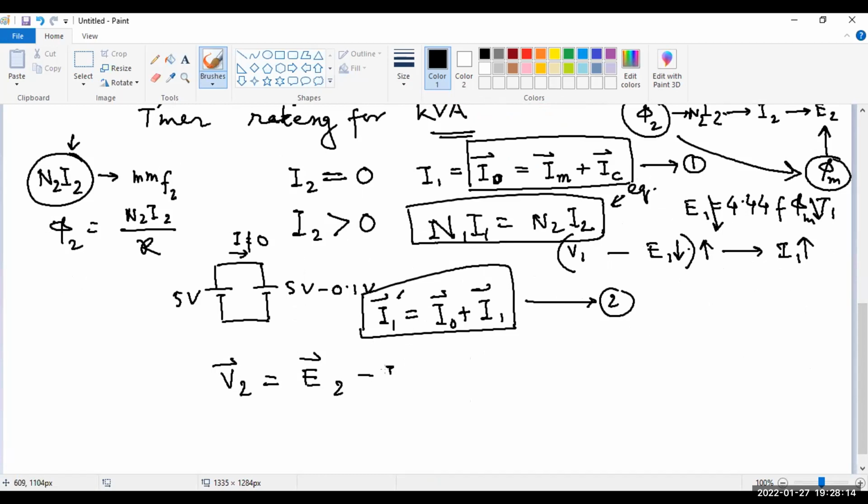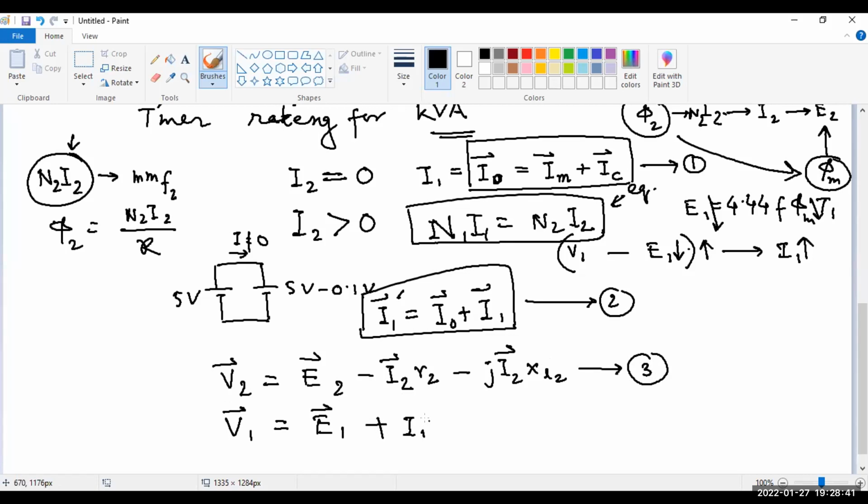So E2 minus I2 R2 minus jI2 XL2. This is another equation, the secondary KVL equation, and the primary KVL equation will be E1 plus I1 R1 plus jI1 XL1.